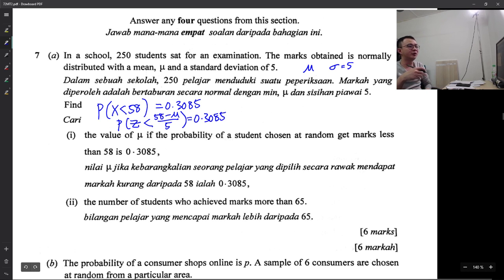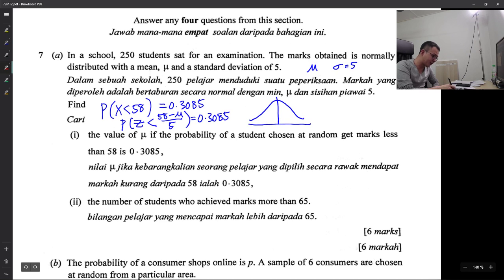And if I want to work further, I will need to draw out the bell-shaped diagram, because I want to know roughly where it is. Because the sign is less than, and this one is less than 0.5, I know it's in the negative zone, because this is the area they're finding.